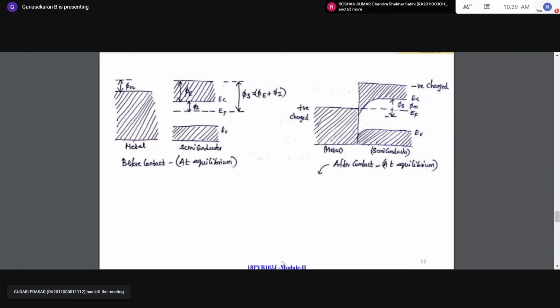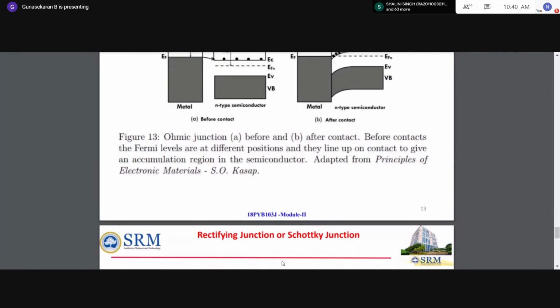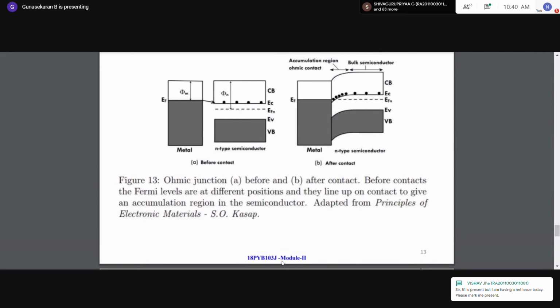That's why you see an upward curve like this. Both the forward and reverse bias it will conduct. That is the reason you say this is a non-rectifying junction. That is your ohmic junction. And this is the corresponding diagram, before and after contact, showing how the built-in potentials are formed, etc.